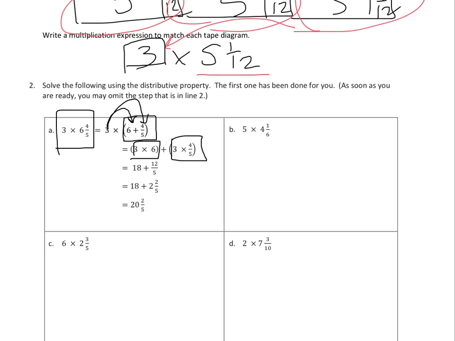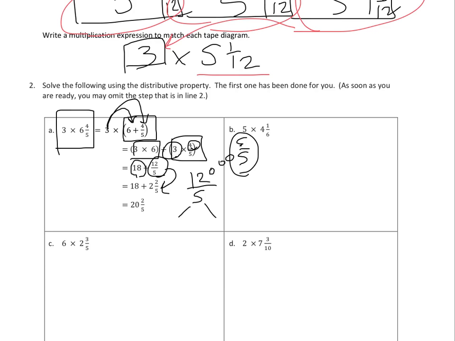We're showing 3 copies of 6 4/5, so we need 3 copies of each. They solved 18 from 3 times 6, and then they got 12/5 for 3 times 4/5. Students can think about this as the number of copies times the numerator to get the fraction. The step they took to get from here to here is the number bond. They said 12/5, how many wholes are there? They're thinking 5/5 is equal to 1 whole.